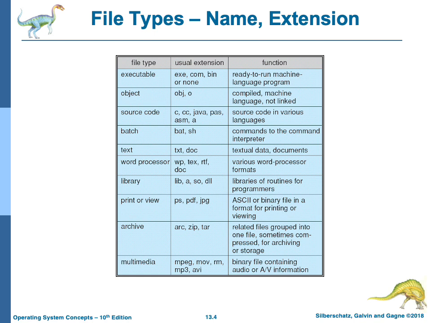The other way to represent a file type is using the file extension. The file extension is a sequence of characters, such as .txt or .c, that follows the file name.